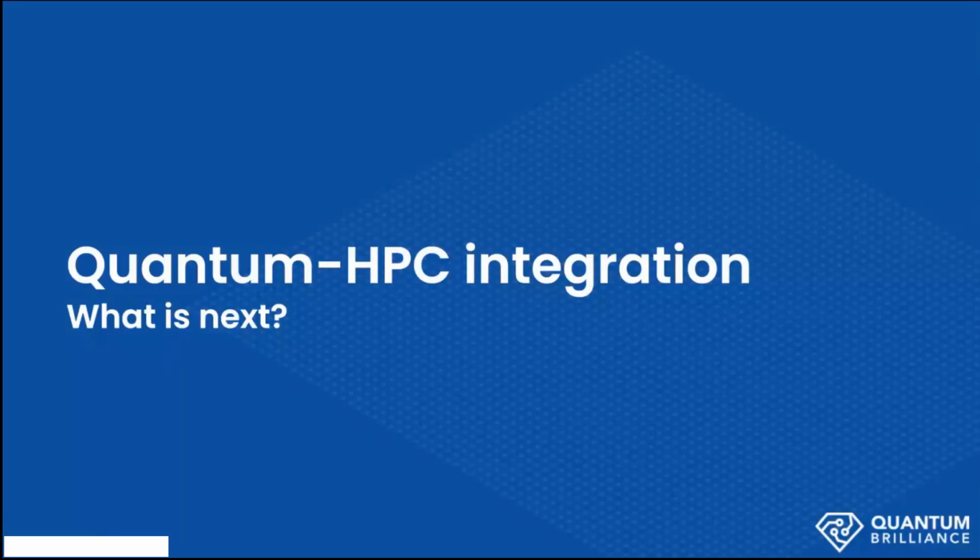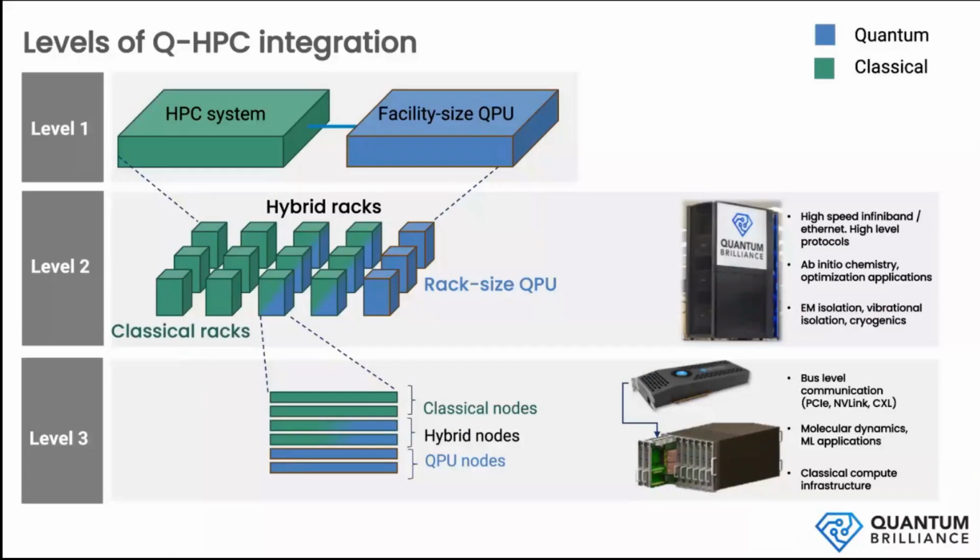Okay, I think we can jump now into the quantum HPC integration. What is next? And this is a question actually coming from Quantum Brilliance itself. I mean, within our goal that we look in the coming years, what is next for us in terms of quantum HPC integration, right? For that, we have divided this integration into 3 main levels.